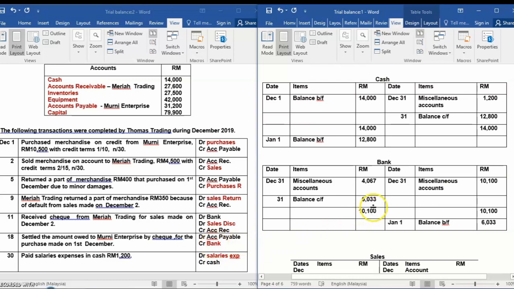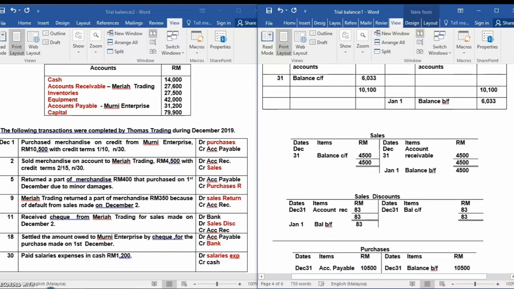So we have to close the account for bank account and the different amount, 6033, we have to carry forward and brought forward to the next month. So the credit side for bank represents a bank overdraft. So we have to record it in the trial balance credit side.